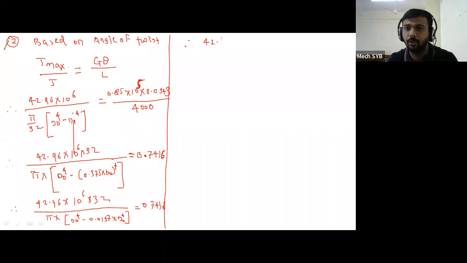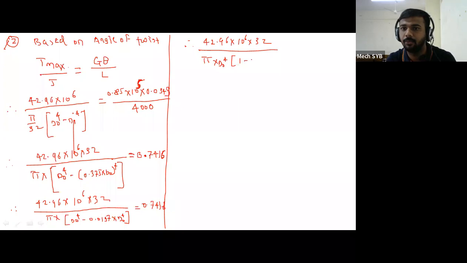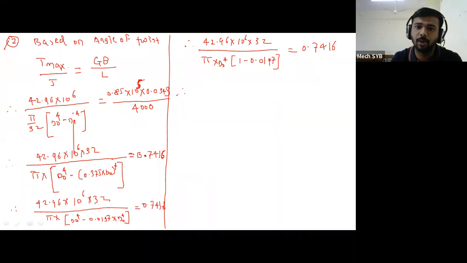Then 42.96 into 10 raised to 6 into 32 divided by pi into D raised to 4, take outside the bracket, what remains is 1 minus 0.0197 is equal to 0.7416.